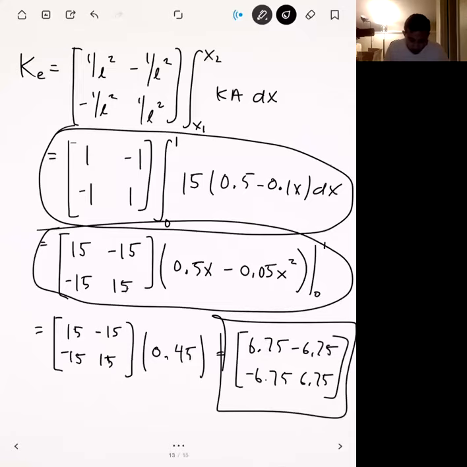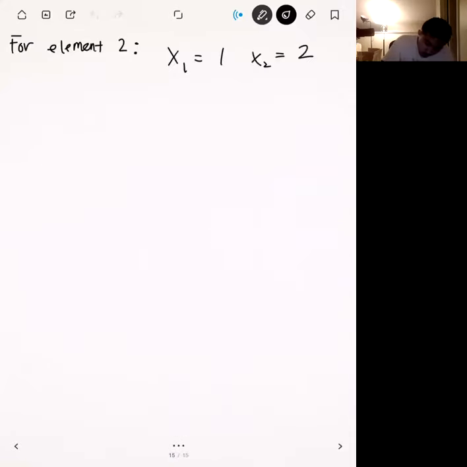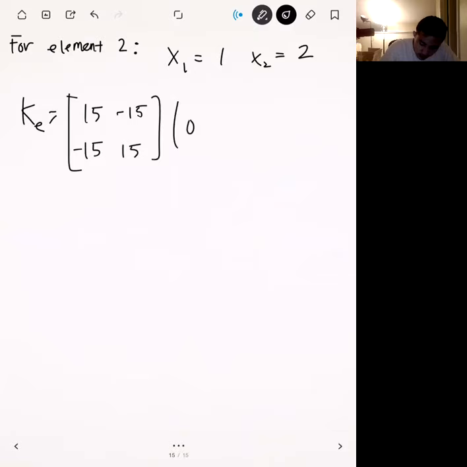And so we know that ke for element 2 is going to be 15 times [1, -1; -1, 1], times 0.5 times x minus 0.05 x squared. But now we're going to evaluate this from 1 to 2 instead of 0 to 1.